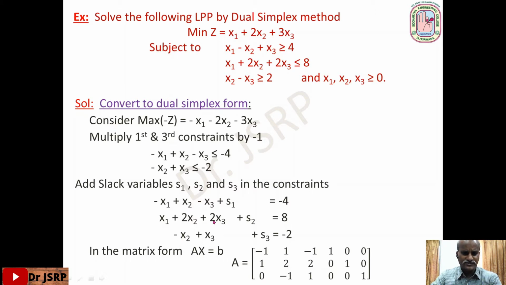The x3 column is minus 1, 2, 1. The s1 column is 1, 0, 0. The s2 column is 0, 1, 0. The s3 column is 0, 0, 1. So this is the coefficient matrix. The variable vector X equals x1, x2, x3, s1, s2, s3, and the right side vector b equals minus 4, 8, minus 2.